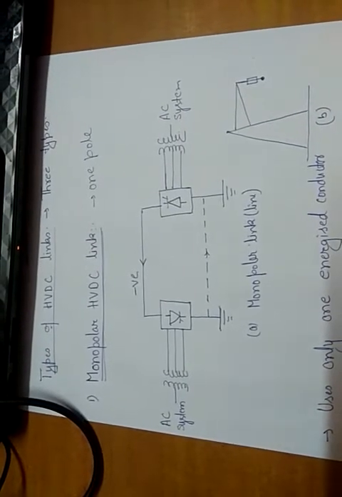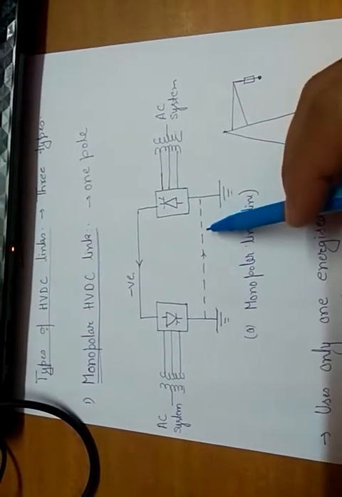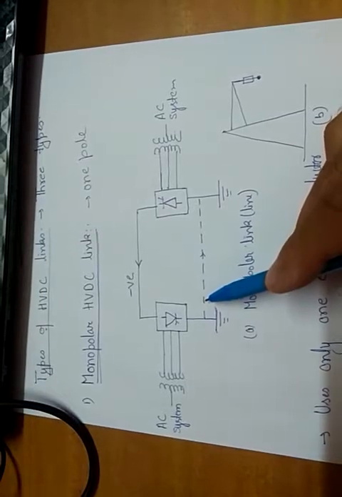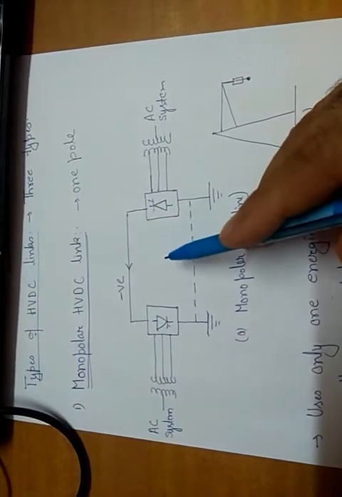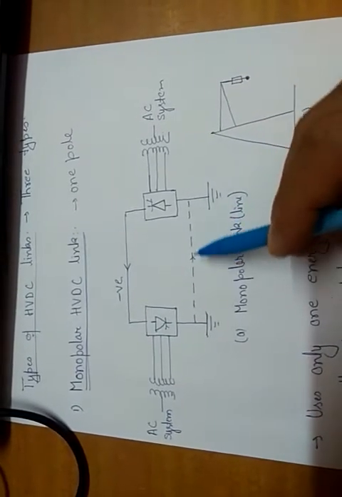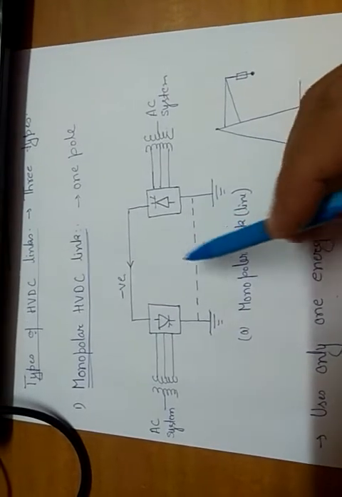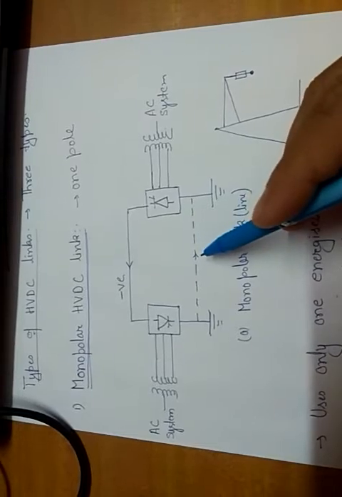Also, since we are using ground as the return path, some communication lines may also be buried in the ground or using the earth as the medium, so the return path may interfere with those communication lines.